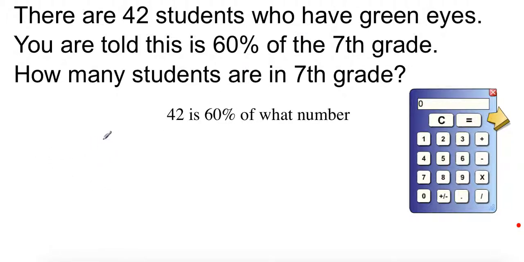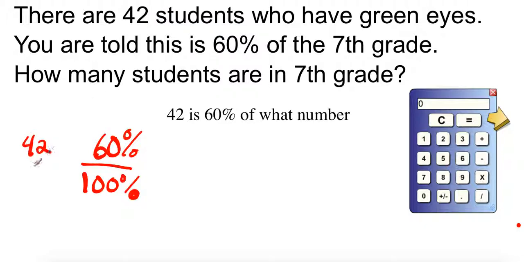Luckily, I know that we're working with 60%. I know my denominator is always going to be 100% because percentages are always compared to 100. I do know that 42 students make up 60% of the 7th graders. But I don't know how many 7th graders there are. I don't know what 100% of the 7th graders are.